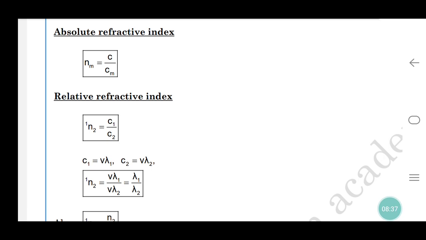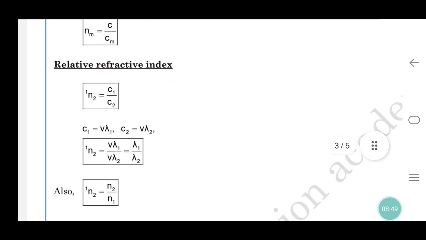Next is the absolute refractive index, n is equal to C by V. And the relative refractive index n21 is equal to C1 by C2.